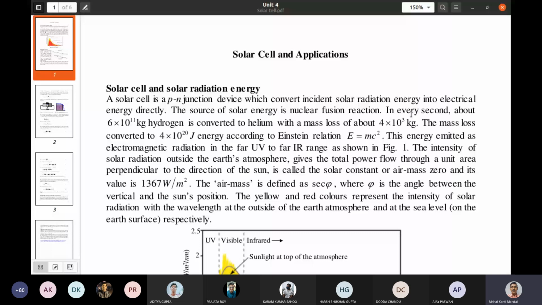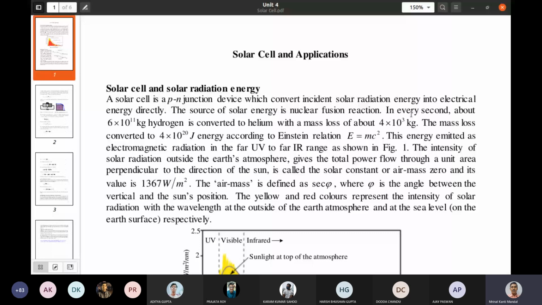That current will charge up a battery, that is the load. Then it can store this energy to be used at a later time. So this is the basic of converting solar energy to electrical energy and storing it.